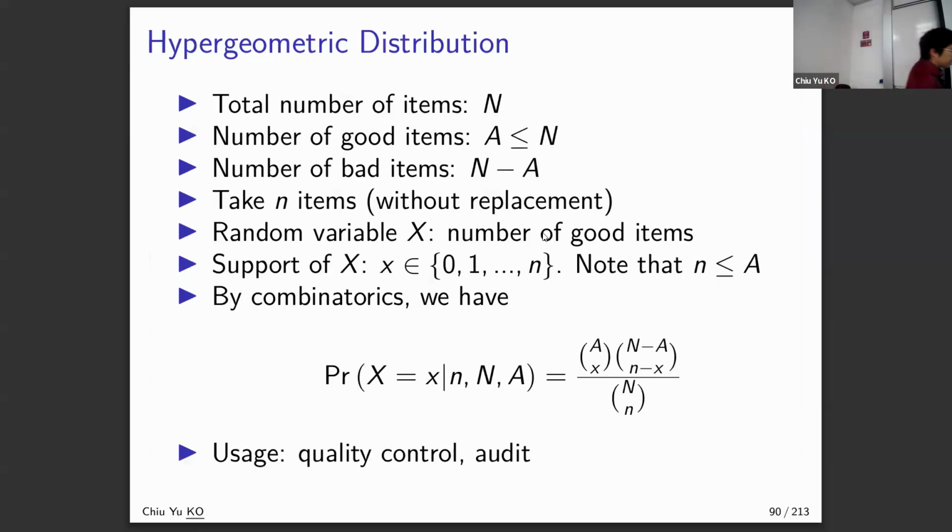The very last thing we study is closely related to the binomial. Binomial means we have n boxes, and each box is independent, so what you pick in the first box doesn't relate to the second one. But very often we face sampling without replacement.